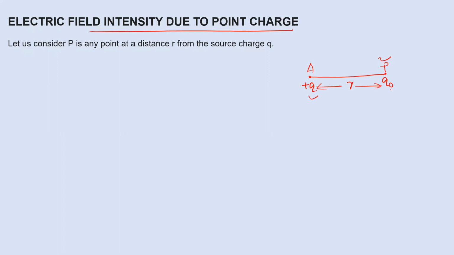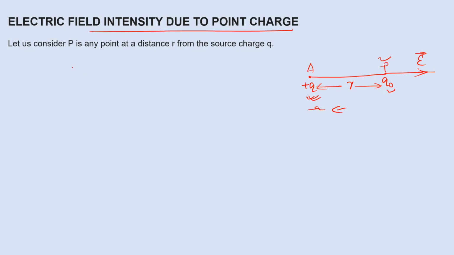Now you see this charge is positive, this charge is unit positive, so this charge will repel this charge. So the direction of electric field and force is always the same. Since it will repel, the direction of force is away from the source charge, so the electric field direction is away. If this would be negative, it would be towards, because it would have attracted this test charge, right?